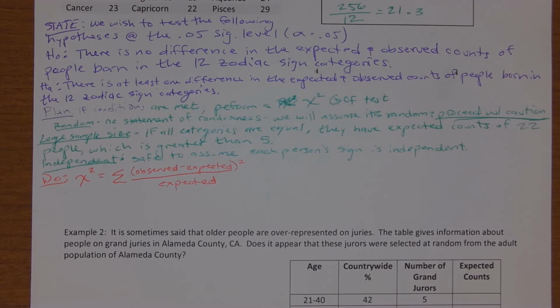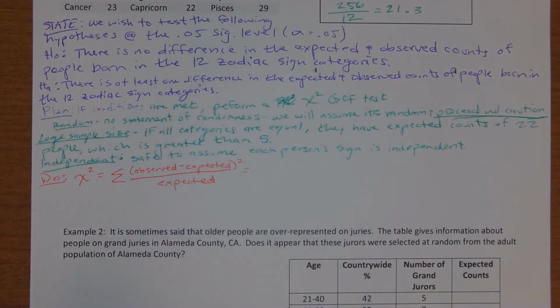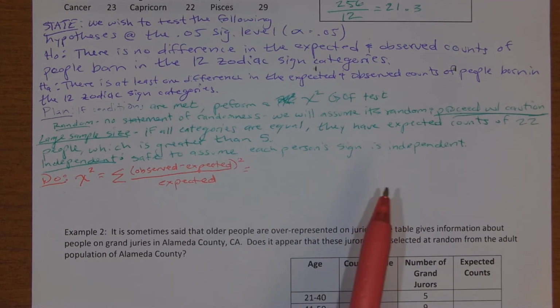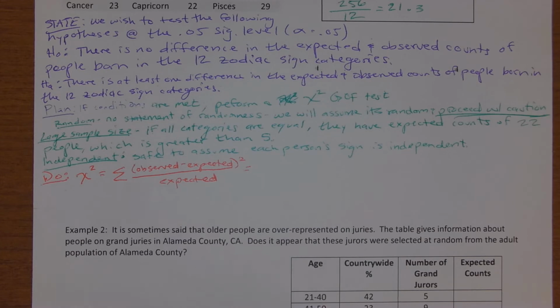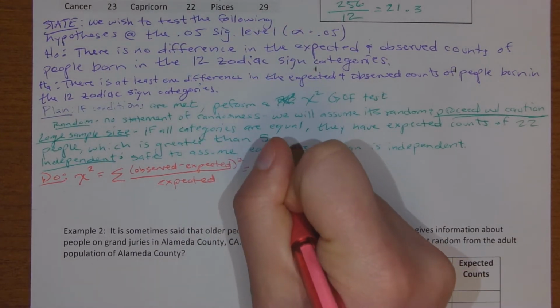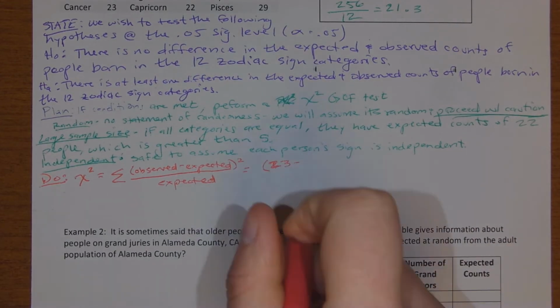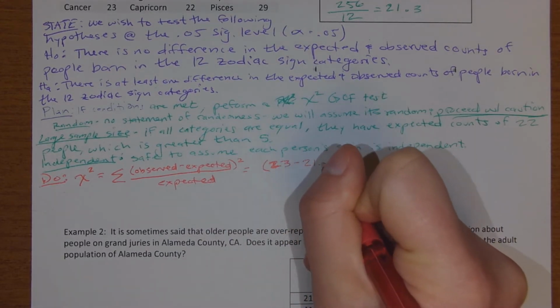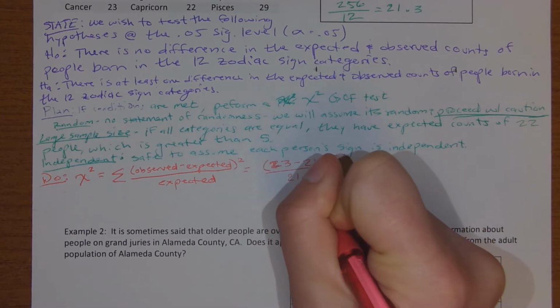So let's go ahead and run through this and create this sum. I'm not going to write out all 12. Generally, if you have a lot, write out the first two and then dot, dot, dot, and then the last one. So for the first one, I have my Aries, so they have 23 observed, minus the expected 21.3, squared, all over 21.3.